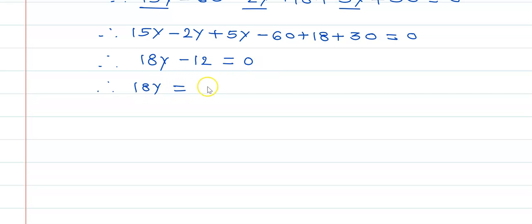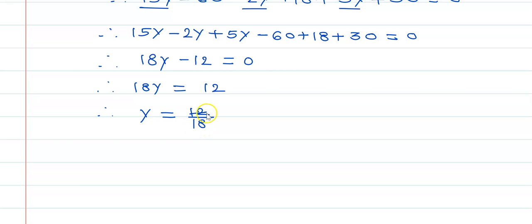And therefore 18y, we want to find the value of y. Transpose this 12 to the right hand side. As it is a minus, it will become plus. Now transpose this 18 to the right hand side. As it is multiplied with y, it will become divided, and therefore y is equal to 12 upon 18.